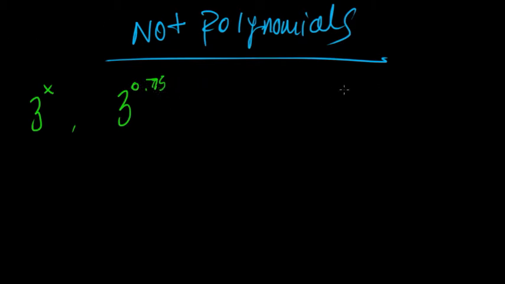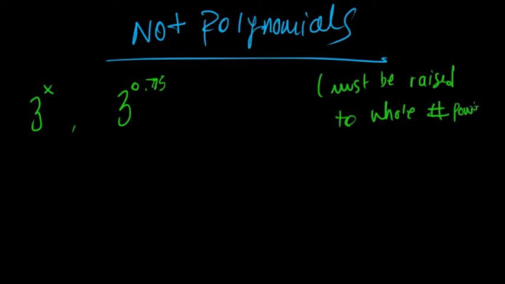So let's put this as a note over here: polynomials must be raised to whole number powers. That means that if we take 4 to the 1/3, this would not be a polynomial.